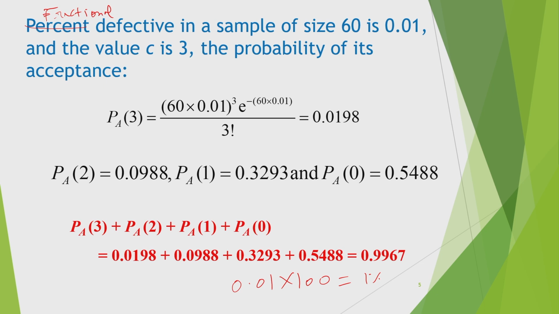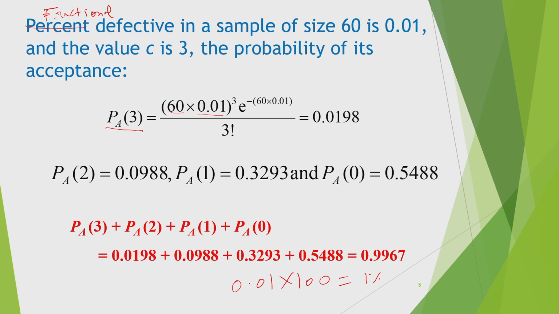That means the acceptance probability, rather this one is the probability that there will be 3 defects in the sample. So this is given by 60, because the sample size is 60, multiplied by 0.01. So the fractional defective is 0.01.